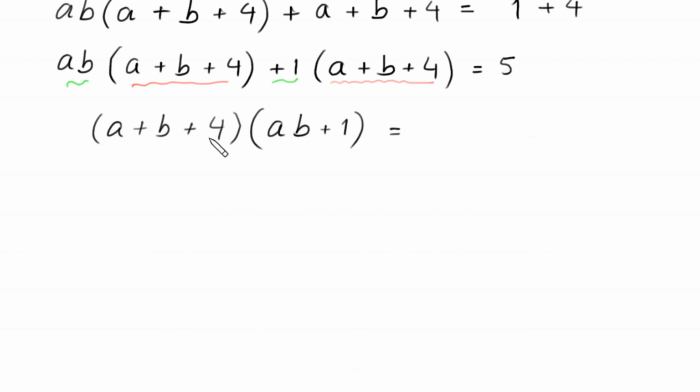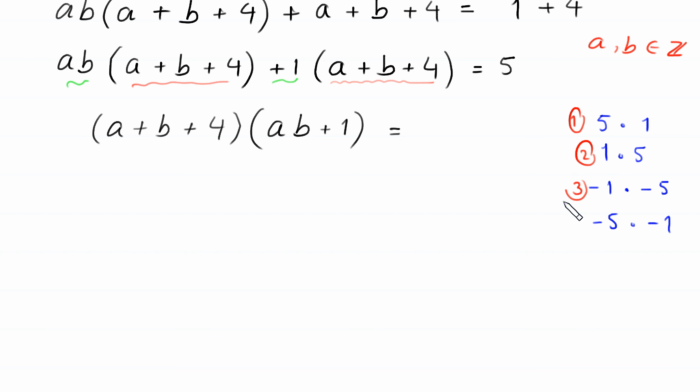Since we have two factors at left hand side and a and b are integers, this 5 can be factorized as 5 times 1, 1 times 5, negative 1 times negative 5, negative 5 times negative 1. It means we have 4 cases. This is case 1, this is case 2, this is case 3, and this is case 4.